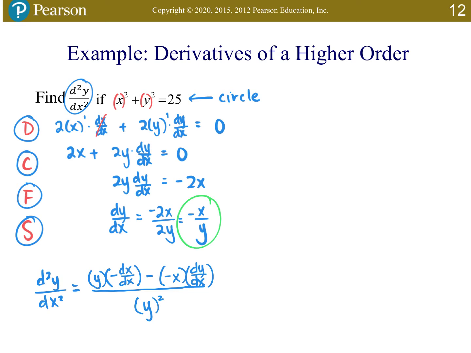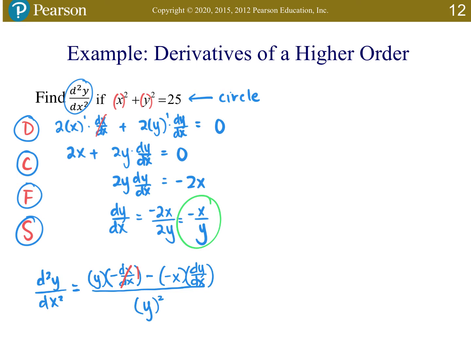over y quantity squared. All right, so now we look back and see what we can simplify and reduce. I notice that this dx over dx is going to simplify to 1. And then the dy dx also simplifies, and this is one thing that people maybe neglect.